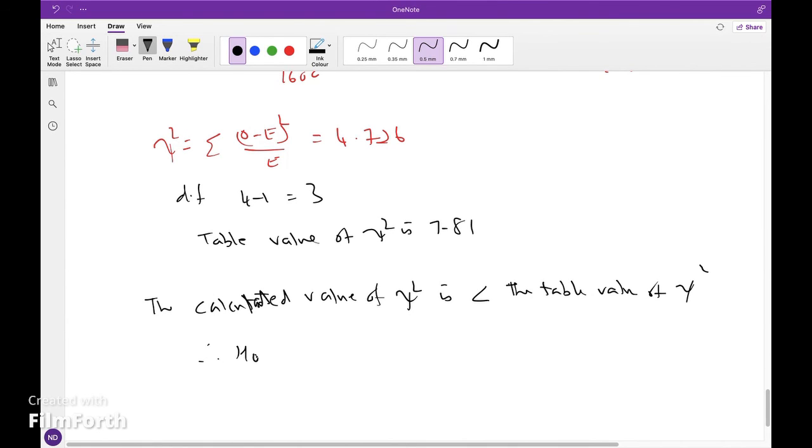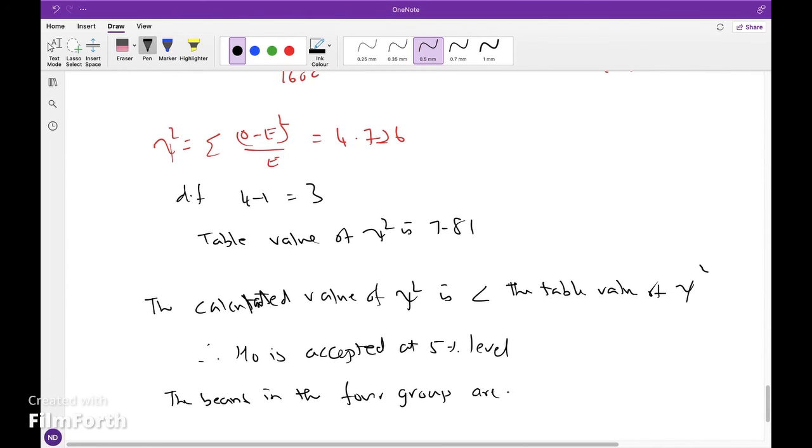Therefore H naught is accepted at the 5% level. Hence the beans in the 4 groups are in the ratio 9:3:3:1.